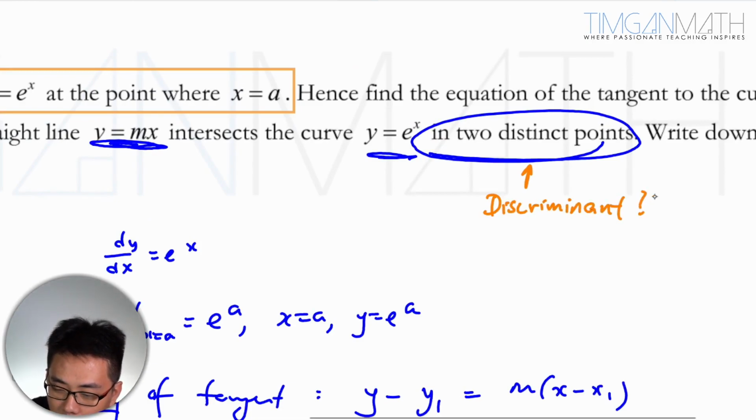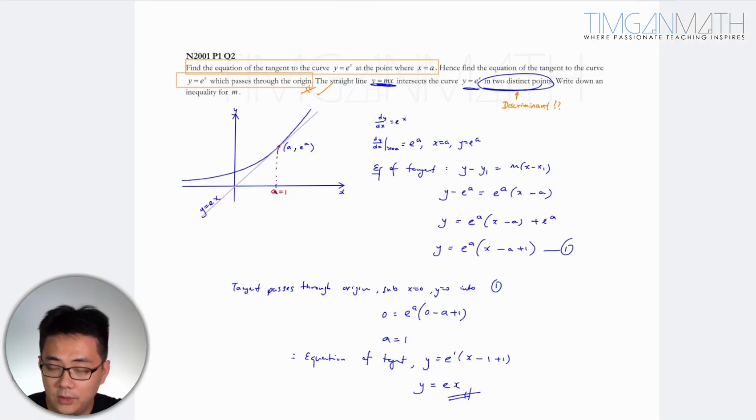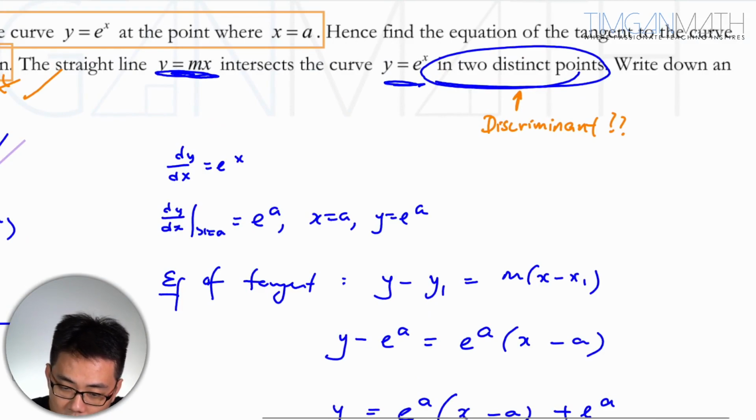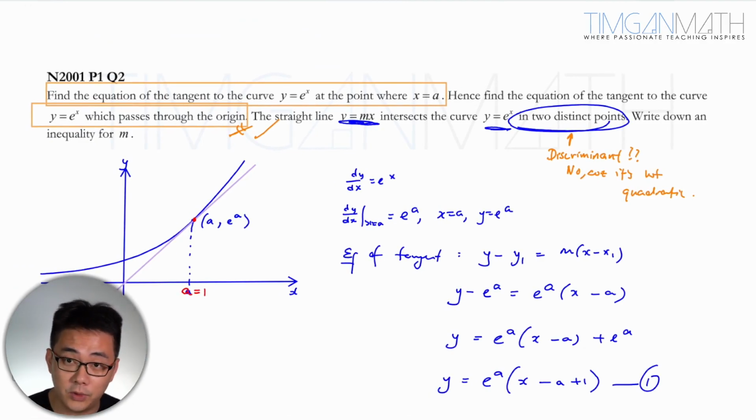If can, why, and if cannot, why not? You can't use the discriminant because it's not quadratic. Don't think that because it's two distinct points it is automatically a quadratic equation. No, it's not.